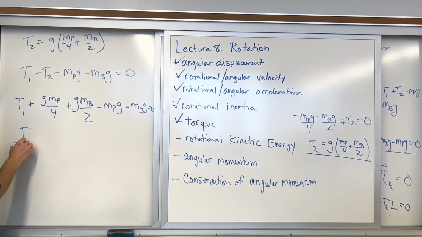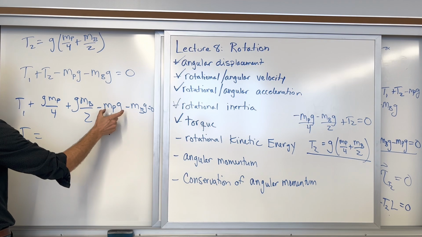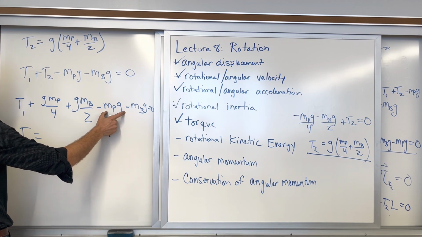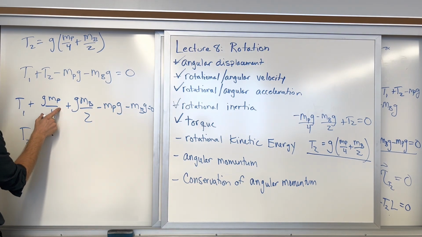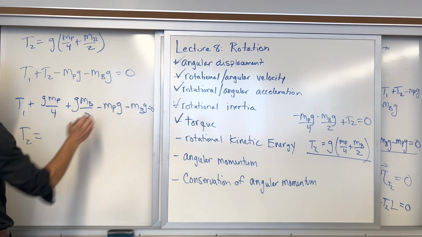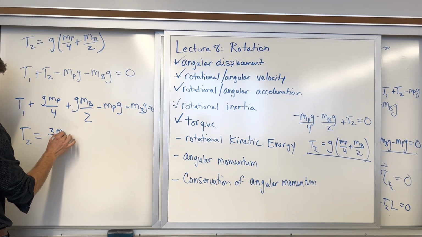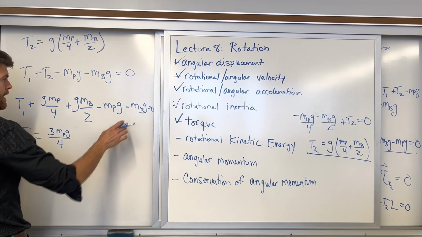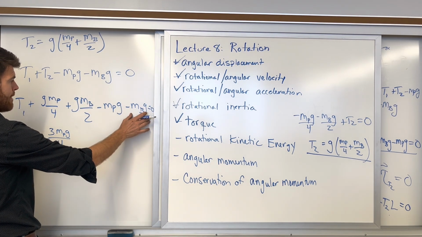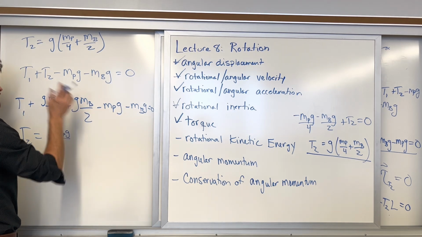So T1 equals, well, this is negative MPG and positive MPG over 4. This gives me a negative 3 MPG over 4. I'm going to take it over that side, I get a positive 3 MPG over 4. And here I have a negative MBG and a positive MBG over 2.